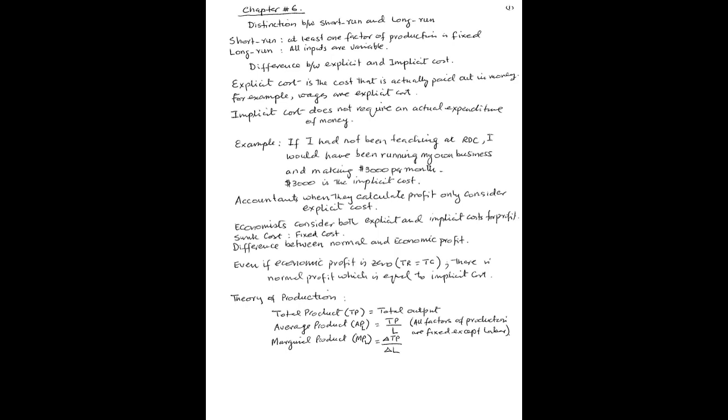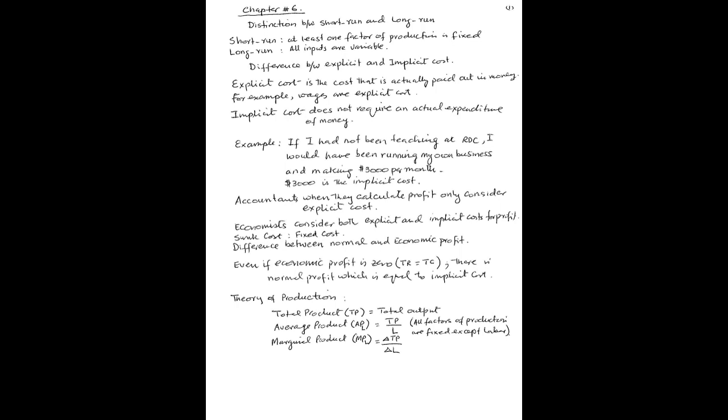By definition, it is when at least one factor of production is fixed. In chapter number 1, if you remember, we talked about 4 factors of production: labor, capital, land or natural resource, and enterprise. So in the short run, that is the time period where at least one factor of production is fixed. When I say it's fixed, I mean you cannot change.